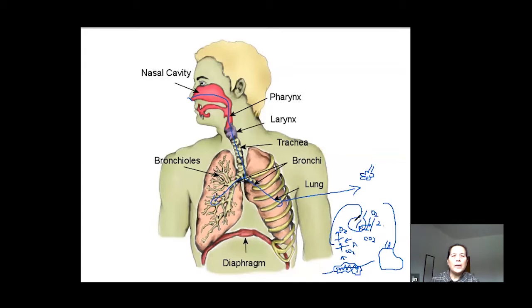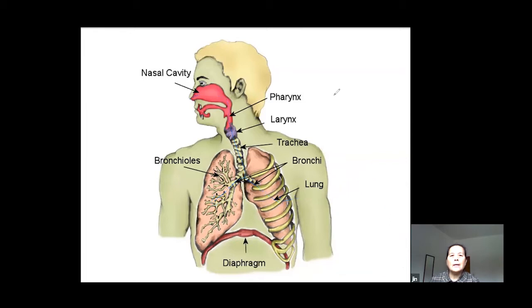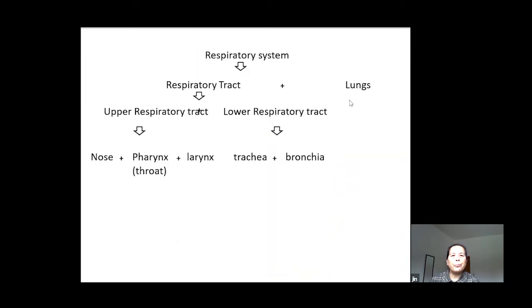Without blood circulation, basically, the respiration system will not work. So these two systems help each other and work together. So that's basically the chart about our respiration system.